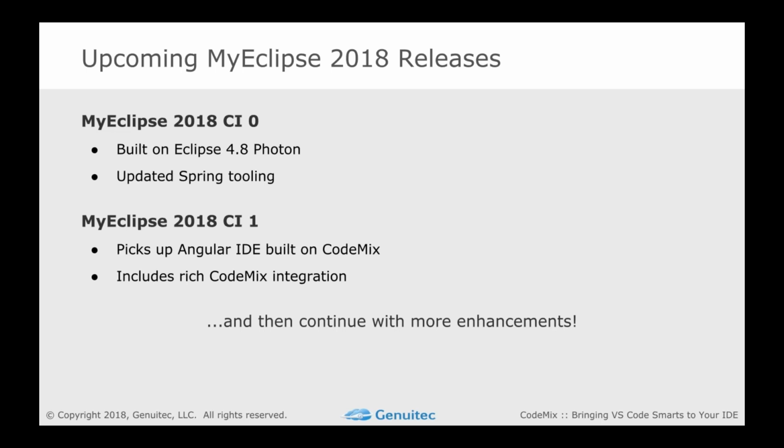And since MyEclipse already includes Angular support that's built by Angular IDE, it's going to change to the version that's built on CodeMix that Sarah just spoke about. And that's really going to give you the best of both worlds. So really exciting to see what's coming up with MyEclipse in 2018. Over to you, Sarah.